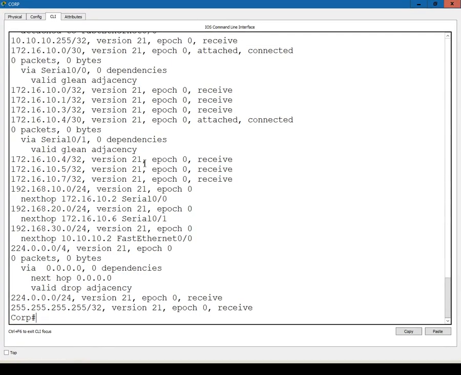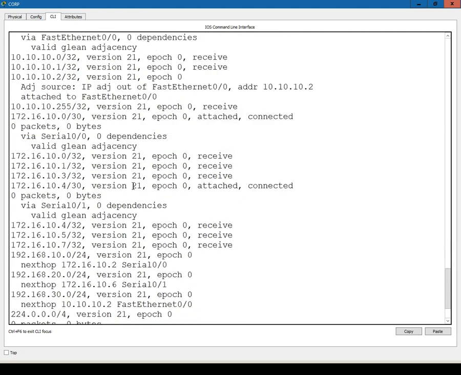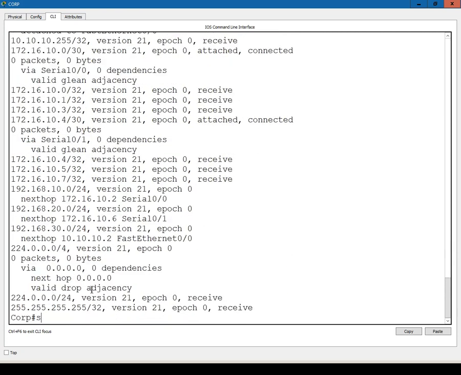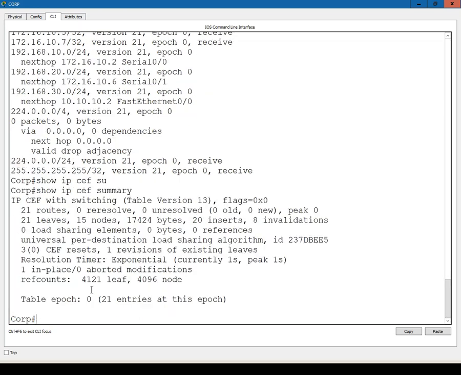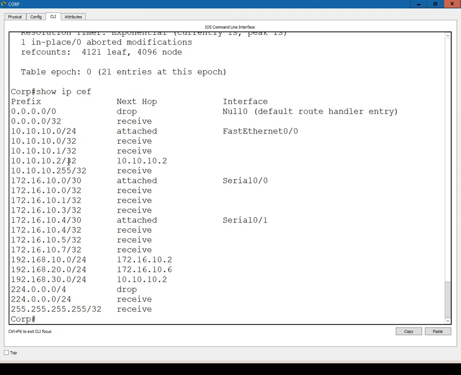Obviously you can see here, but let's show, we have this thing called CEF, Cisco Express Forwarding, and we'll look at a summary here. It's 21 routes, 0 unresolved, 21 leaves, 15 nodes. If I simply show CEF, it tells me 10.10.10.2, the next hop to get to each of these things, receive, and then 224.0.0.0 it's going to drop, and then receive, and then we have directly attached.